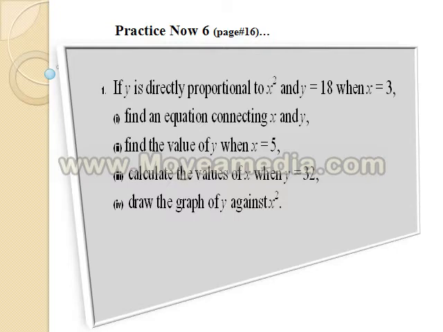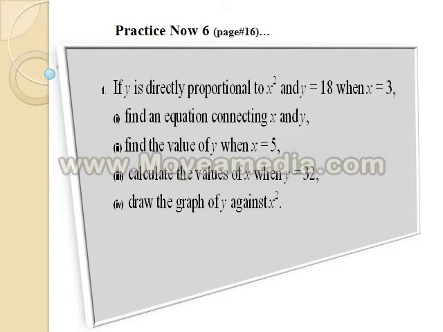Always remember this: in direct proportion, and in the next lectures you will come to inverse proportion also, one complete pair, meaning y and x both, is given to you in order to find the constant of proportionality.